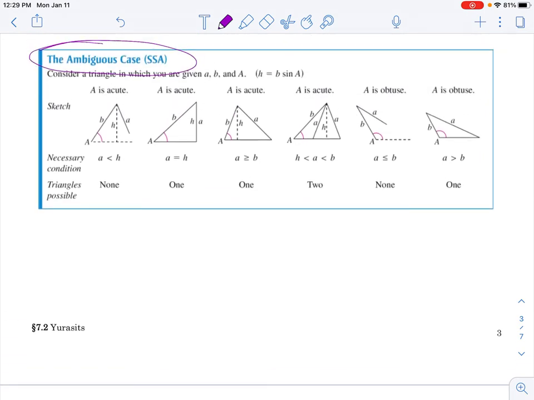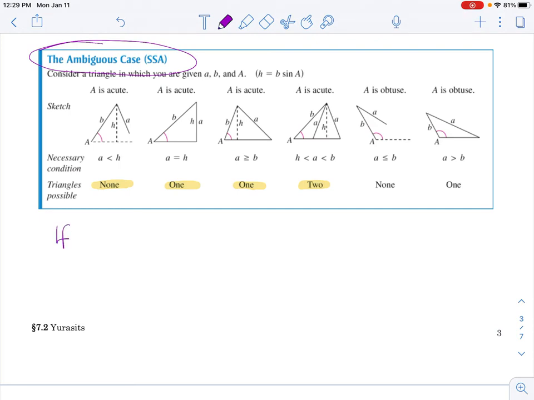Now, if it's not the ambiguous case, you have one triangle always, and you move on. Life is good. When it's the ambiguous case, you have options of having no triangle, one triangle, or two triangles.